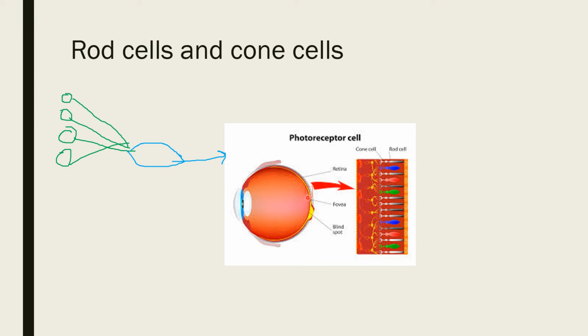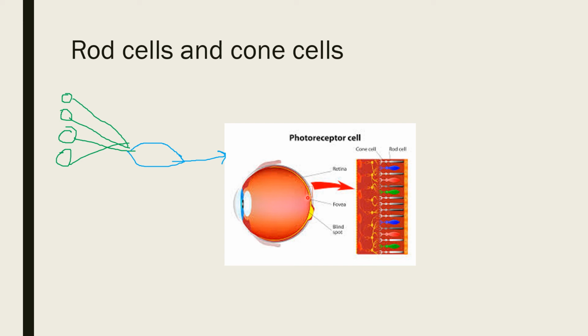Cone cells respond to different wavelengths of light, which are blue, green, and red, at a high frequency, and they have their own separate bipolar cell. Whereas rod cells have many attached to one bipolar cell, with cone cells it's one cone cell attached to one bipolar cell, and they have a photochemical pigment called iodopsin.